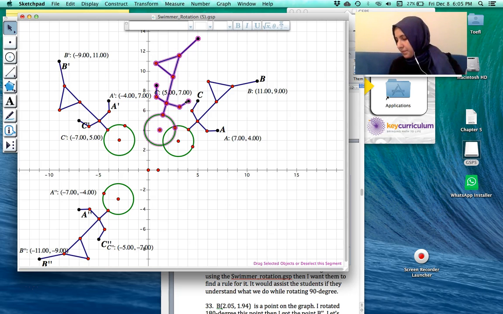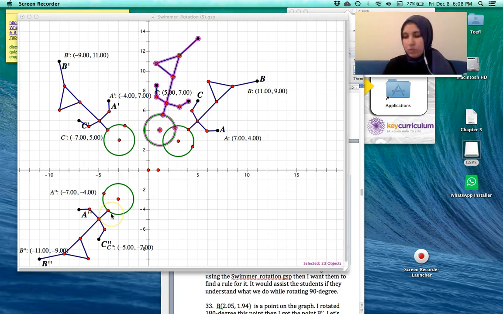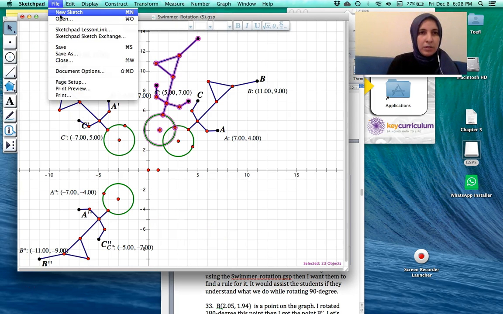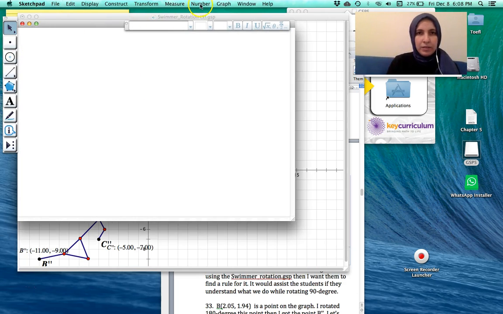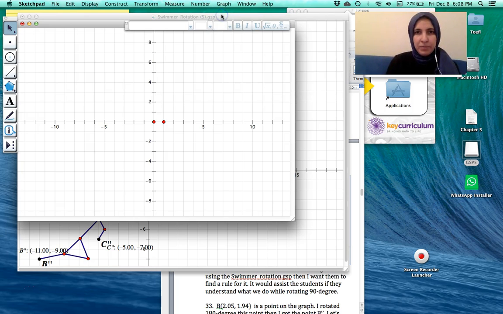Question 33. Use the equation for x' and y' to write a matrix that can be used to represent a rotation about the origin through an angle Q. I need to, let's open a new sketch and then make a graph.